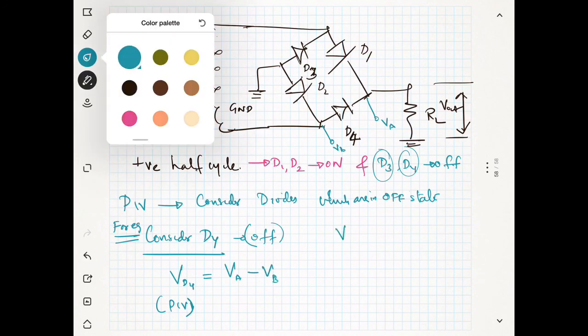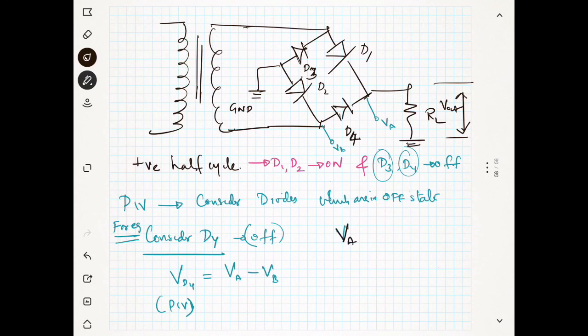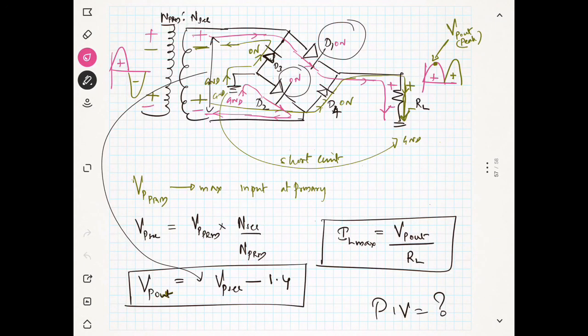It is connected to this point, which is V out, and the maximum at this point is Vp out. So VA at the maximum value is Vp out. Vp out is Vp secondary minus 1.4, because we have already derived this equation.